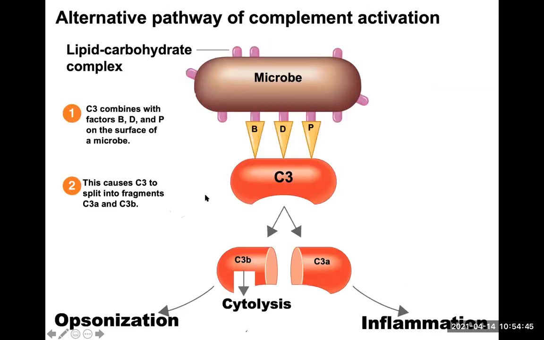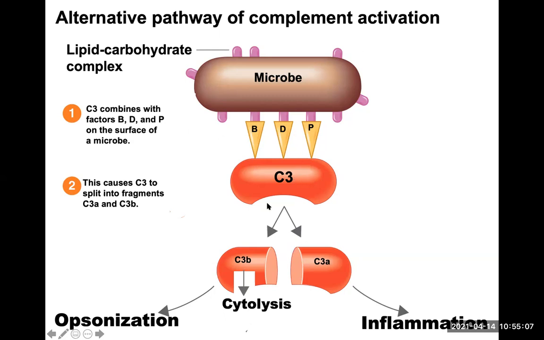Okay. The alternative pathway, instead of antibodies, you have these factors in the blood that are always circulating called BDP, and they can coat the surface of the microbe and directly split C3. And so this is a shorter, much easier pathway.